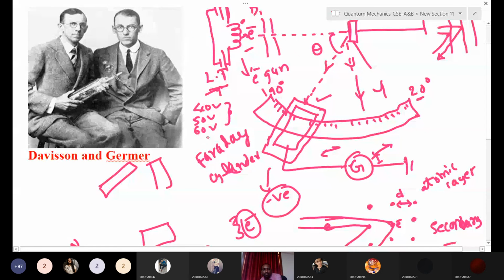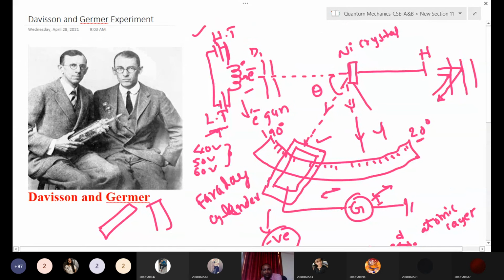You are applying more voltage using the low tension battery and high tension battery. If you increase the voltage, more electrons are ejected from this filament. That means more electrons reach the nickel crystal, and after being incident on the nickel crystal, these electrons diffract in different directions. More electrons will diffract, right?